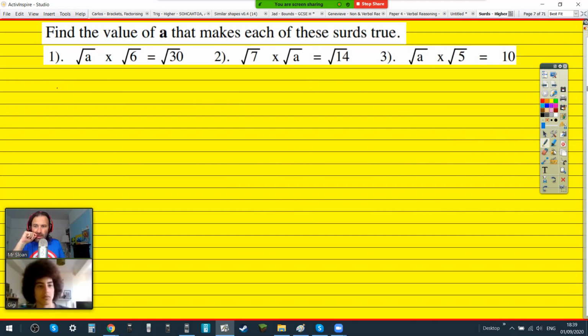What is A? Square root of 8 times 6 would be square root of 6A. What number is A? It equals what? A is 6. No, it'll be 5. That's it.